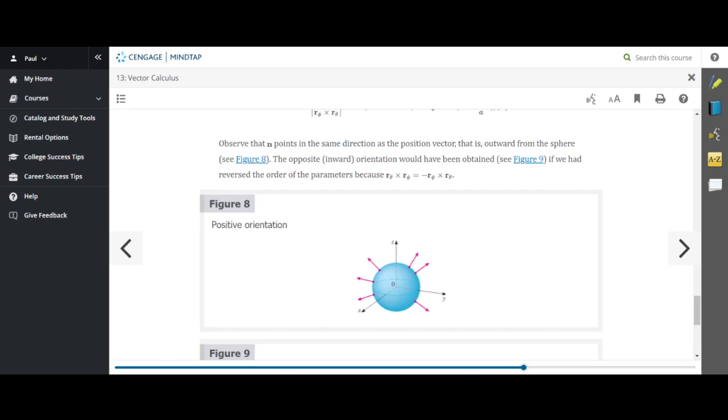But when we compute the flux, we're doing it relative to how those unit normal vectors point, basically perpendicular to the surface.